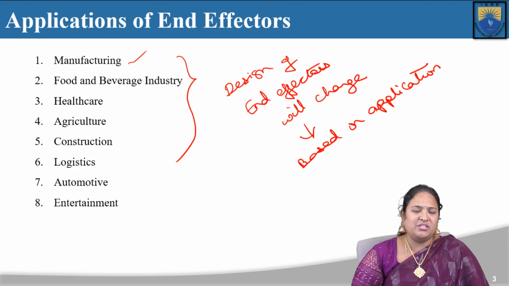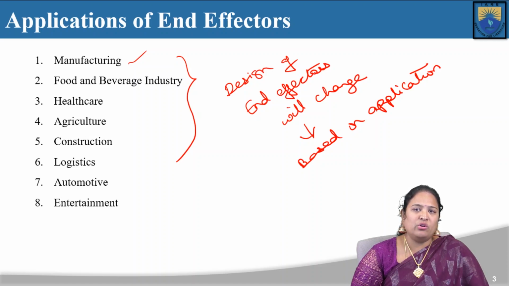That particular machine cannot be moved manually by a human because it has a heavier load and requires more force to be moved from one place to the other. So there, we will be using a robot that will hold that machine and place it in the other place wherever required. So there, the design of the end effector will be changing.